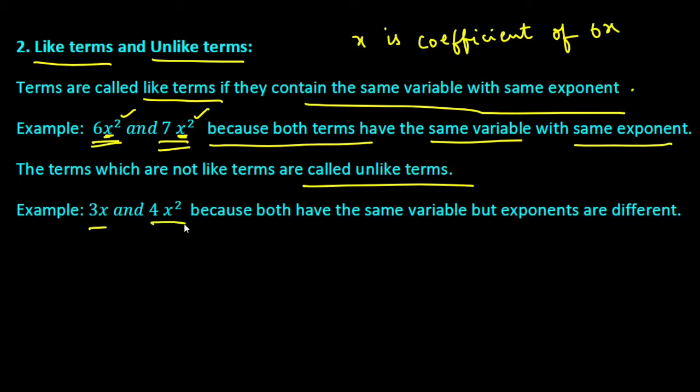These two are unlike terms because in 3x we have variable x, in 4x square also we have variable x, but in 3x we have exponent 1 and in 4x square we have exponent 2. So these two terms are not like terms, they are unlike terms because both have the same variable but different exponents.